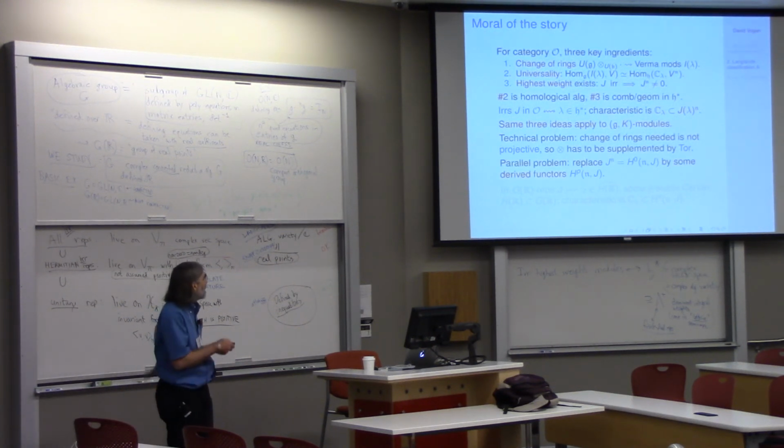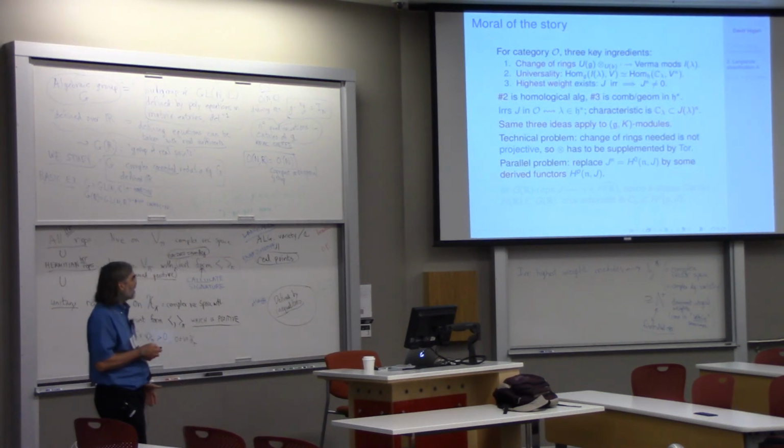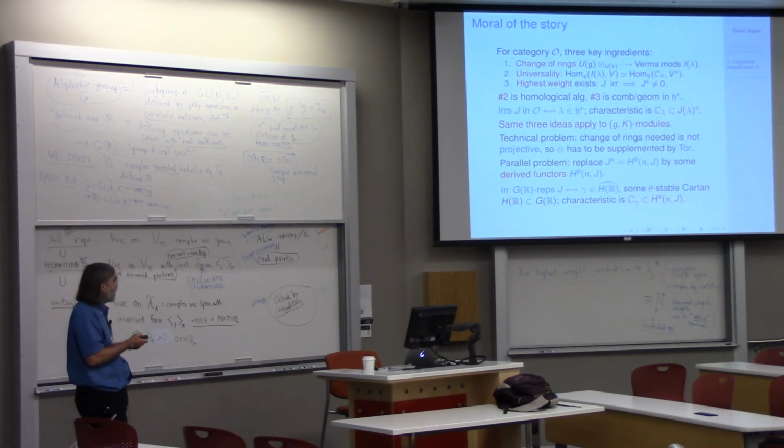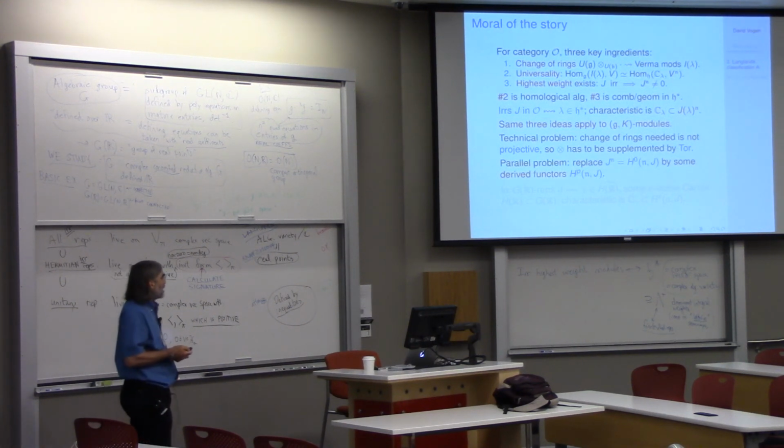And in the same way, these n invariants, which you can think of as zero cohomology, have to be replaced by the derived functors, higher cohomology.